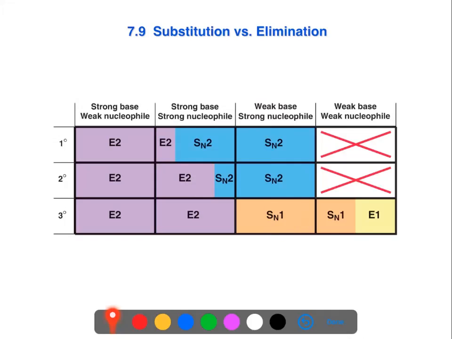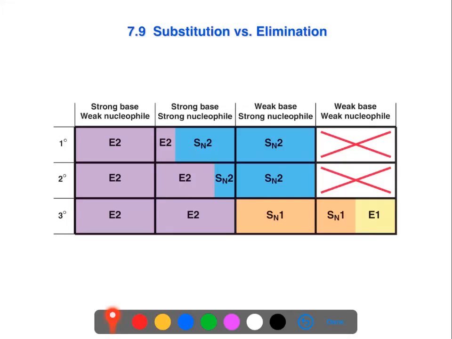And then finally, as we saw in our previous slide, when our reagent is water or the alcohols, that is weak base, weak nucleophile, the reactions with primary and secondary alkyl halides are really inefficient and impractical, whereas for the tertiary system, we see a split between substitution and elimination products, where substitution will be favored at ambient or room temperature, but if we raise the temperature of our reaction mixture, we can force the favored product to be the elimination product.